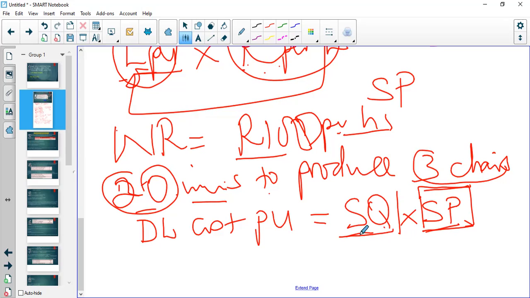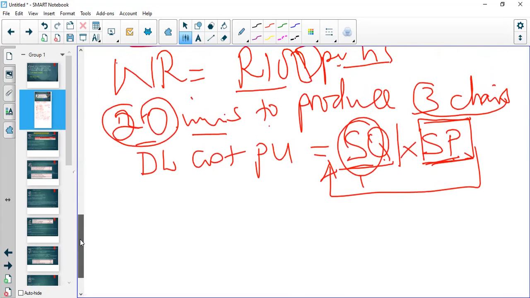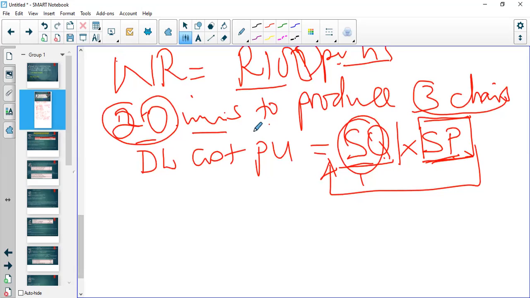And the units of measurement we use for the standard quantity should also be related to the standard price, so that our price is rands per the units that we used here. You can choose to use minutes, but generally it's better to change everything to hours.